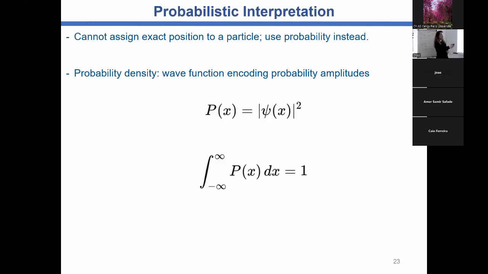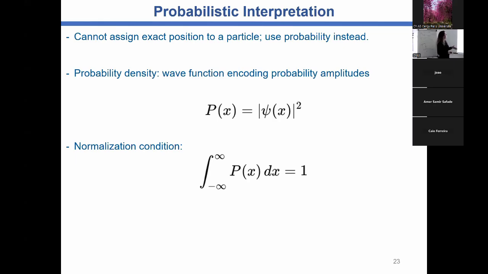In terms of probabilistic interpretation, we must shift from the deterministic, that is one specific value, to a distribution of values for that specific observation. For example, if we cannot know the position of a particle, we must use a probability to describe this position.